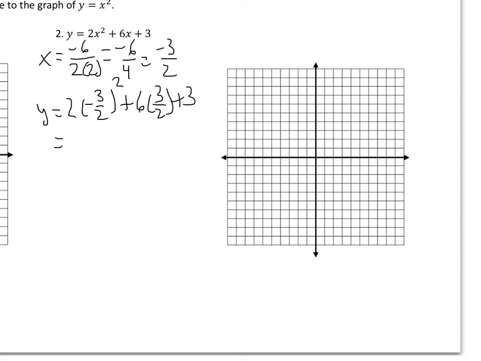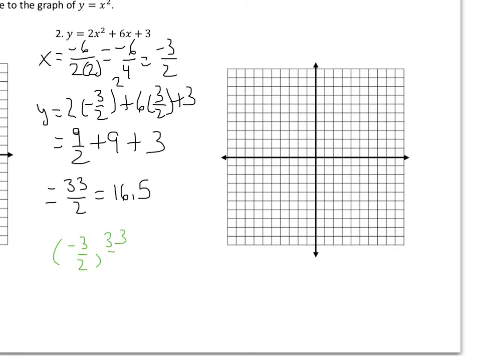So you get 9/2 plus 9 plus 3, which is 33/2, which is 16.5. So what that lets us know is we need to change the scale, because otherwise that won't fit, because we have to graph this point, negative 3/2, comma 33/2.